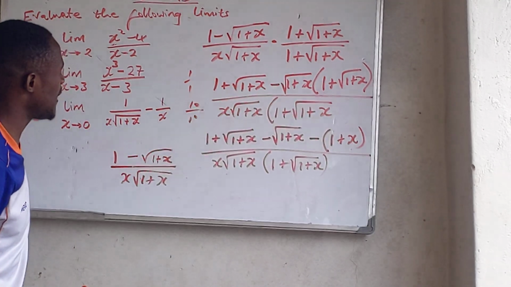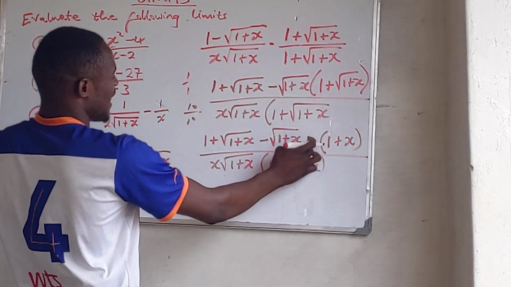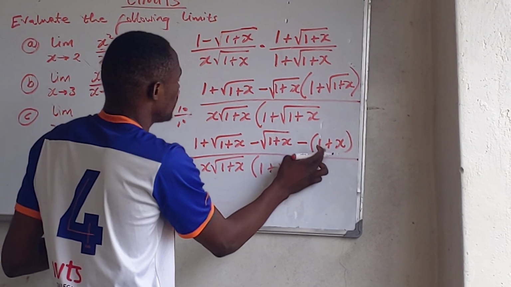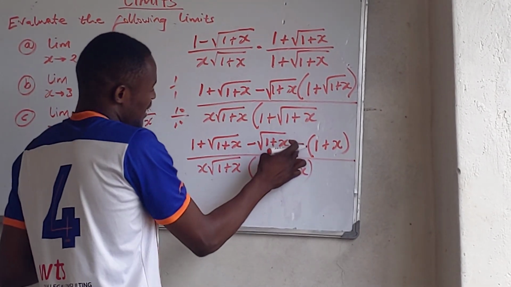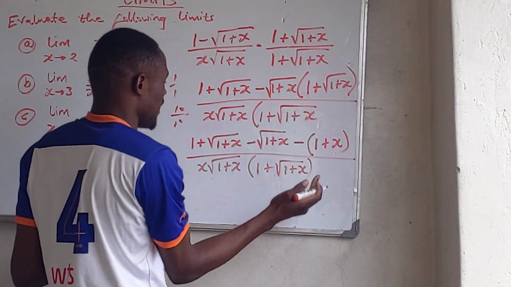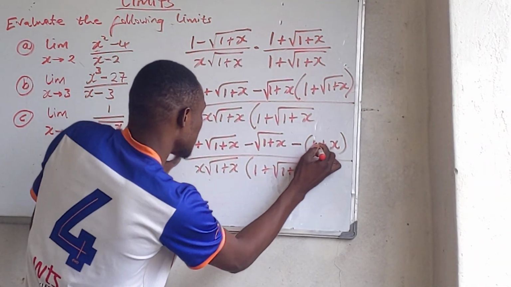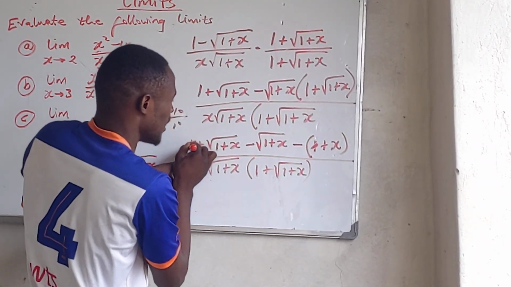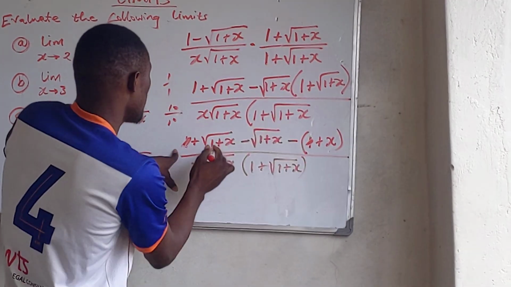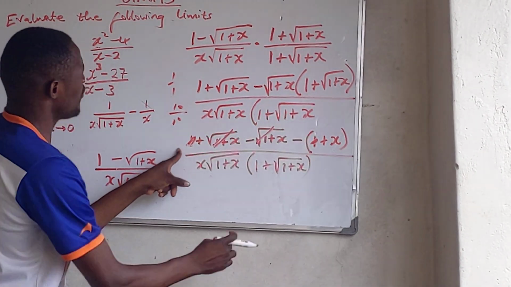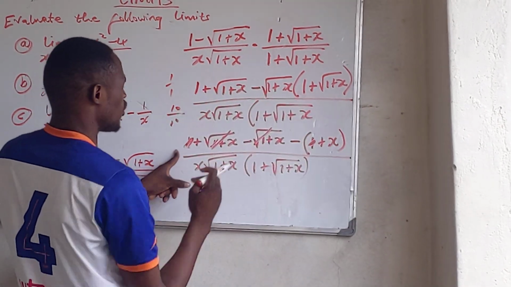From there, we can distribute this negative. So negative times positive 1, which is negative 1. Negative times positive x, which is negative x. Therefore, in short, we have this removed with this one. Then we have again this part which will be removed with this one. Therefore, we remain with negative x on top there.